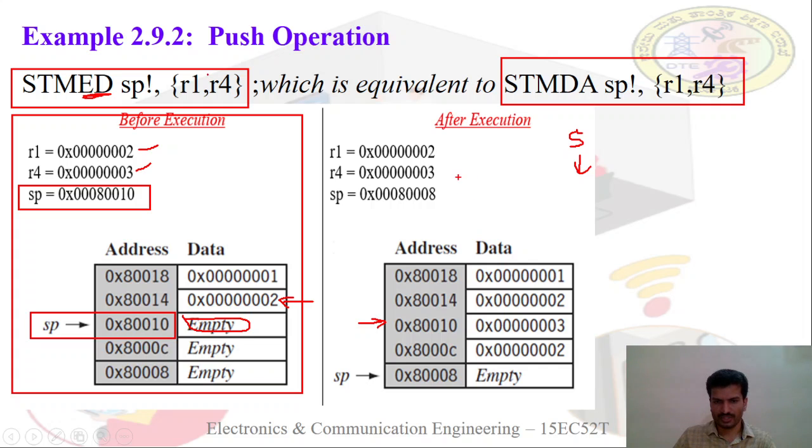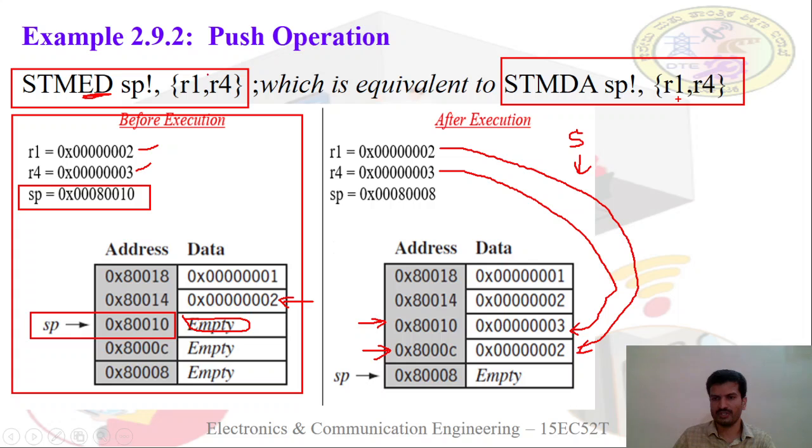So it will store the R4 data onto this empty memory location. See here, before execution this location is empty, now it is filled with the R4 data. Later it will decrement by 4. Now the SP is pointing to the next location, 800C, and there it will push the R1 data, 2.